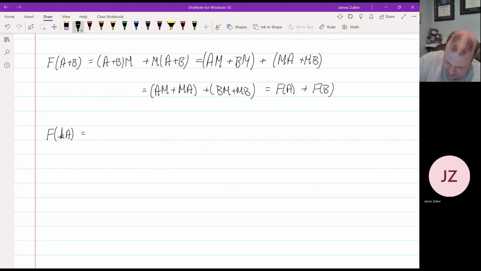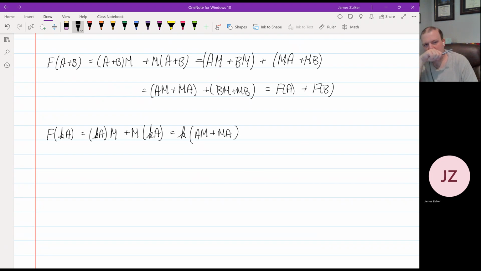Now look at K times A. By definition, this will be K times A M plus M times K times A. Well, where we write the K doesn't matter. So what we can do is factor out a K, and we'll be left with AM plus MA.